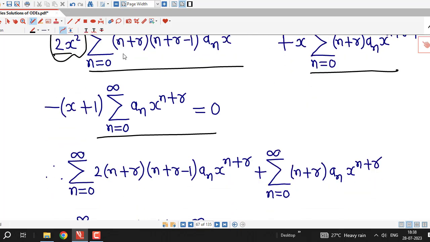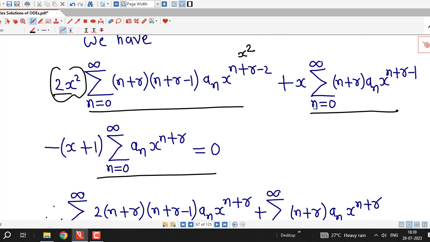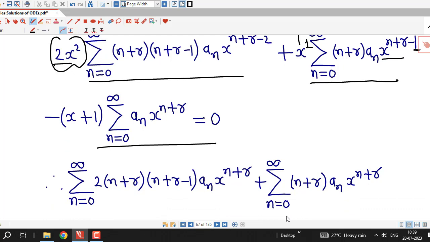If I take this inside the summation, 2 times n plus r minus 1 an x raised to n plus r. Same thing here, we can take this inside and combine with this. This is x to the power 1, so that x to the power 1 will cancel out this minus 1 power, and we will have x raised to n plus r power only. So that I have written here.